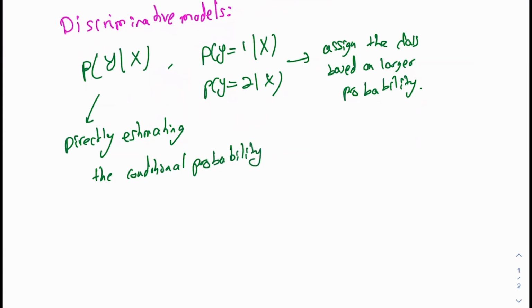In the literature, discriminative models usually give you better performance than generative models. I will tell you more about this, with some intuitive understanding.